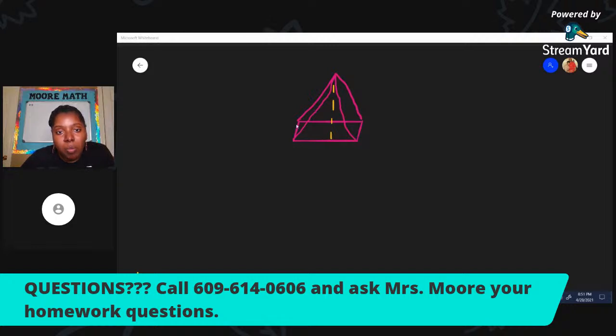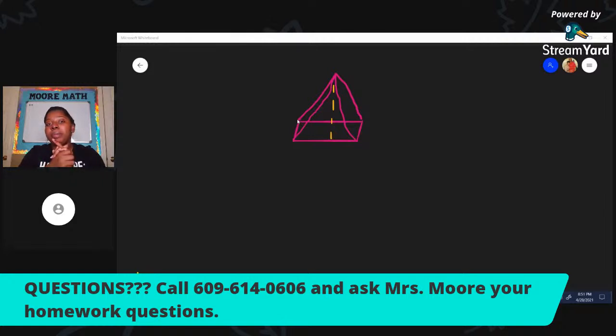What shape is the base, I should say? So for pyramid, the shape of the base is the bottom of the pyramid. Because what makes a pyramid is that all of the sides around it are triangles, okay?